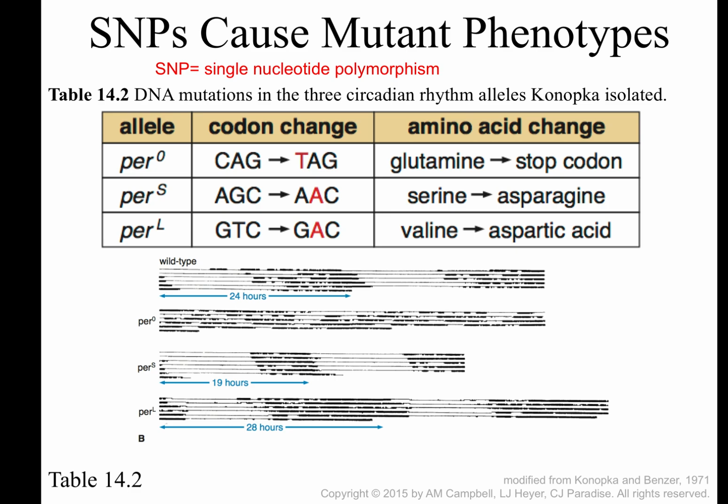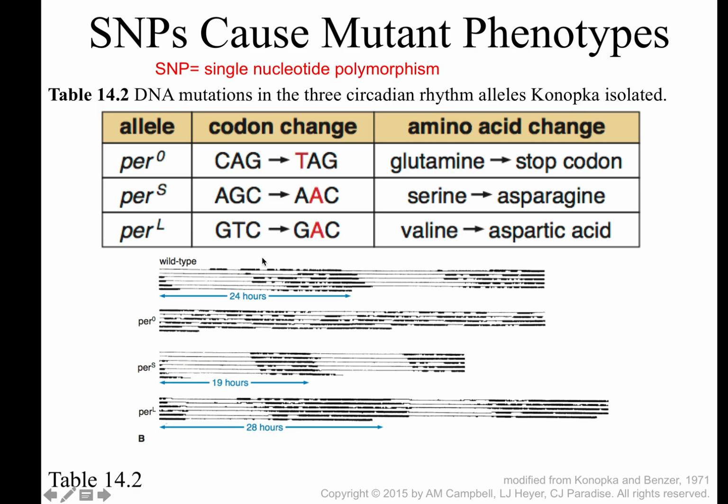So there was a postdoc in the lab who set up an experimental system where the flies crossed an invisible beam of light, invisible to the flies. This is similar to you walking into a Home Depot that breaks an infrared beam of light and the doors open. So every time the flies walked across this beam of light, it's recorded as a little black mark on here. And then if the flies aren't moving, you get a flat line.